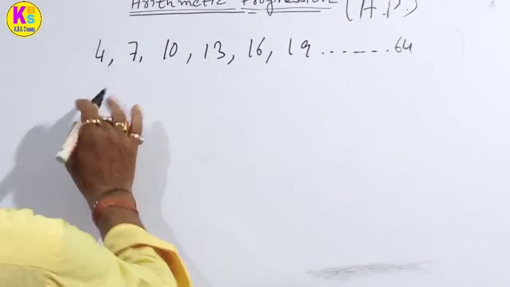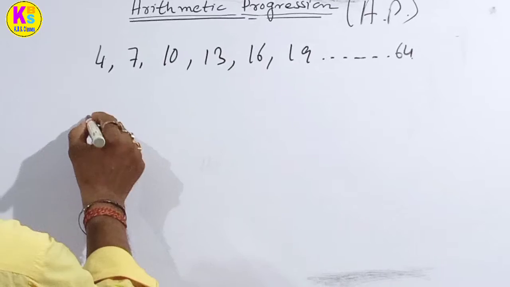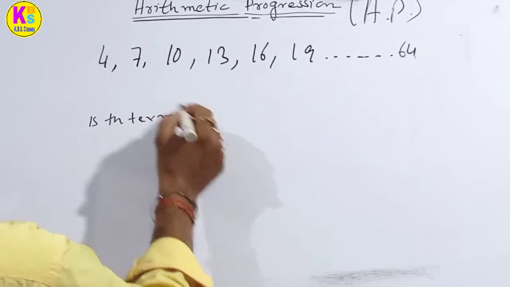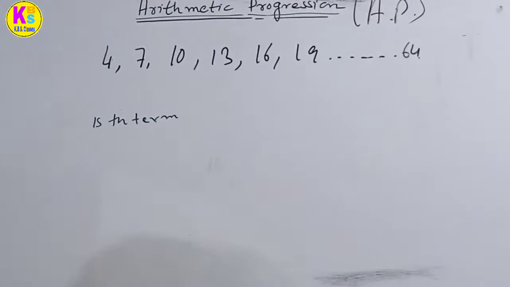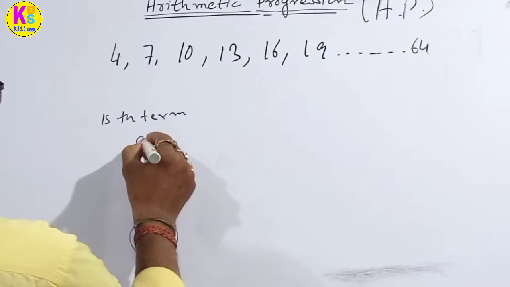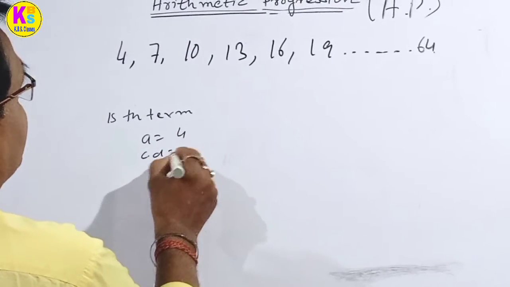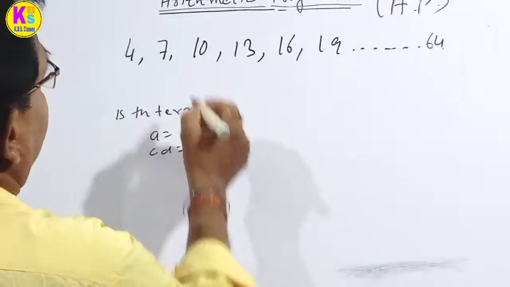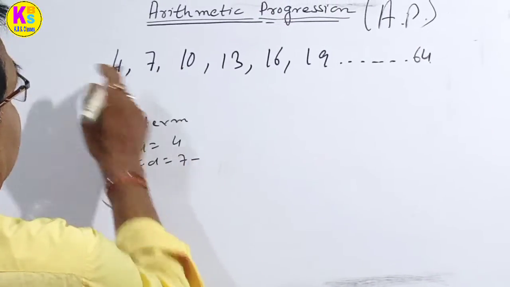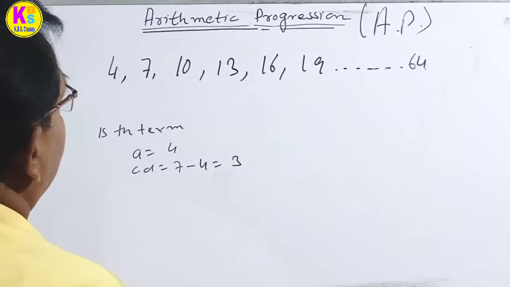Suppose you have to find the 15th term starting from 4. Therefore here a is equal to 4 and d, I had told you, take any term and subtract the preceding term. This is 3.